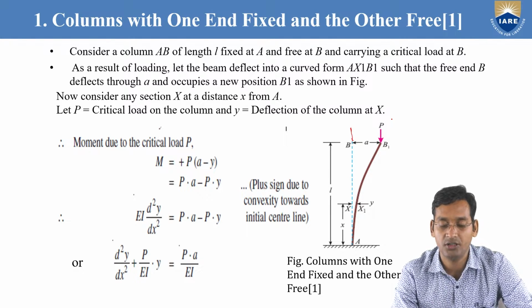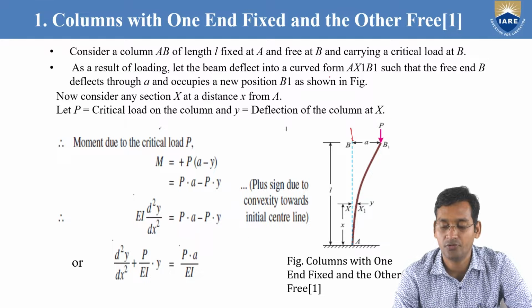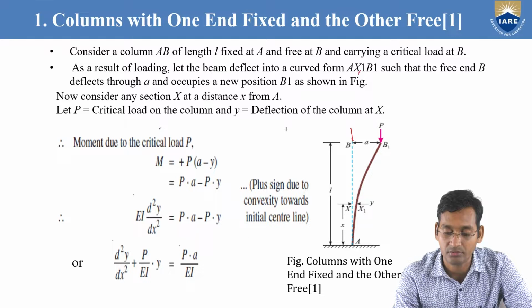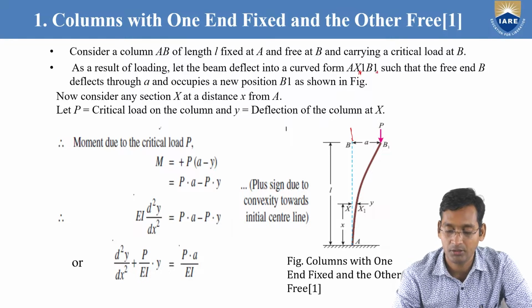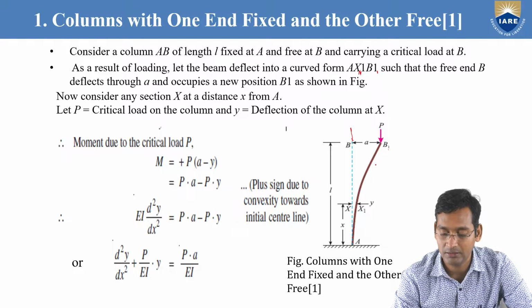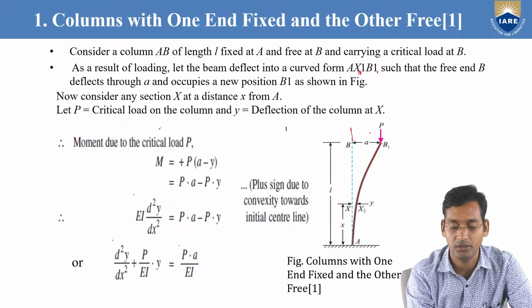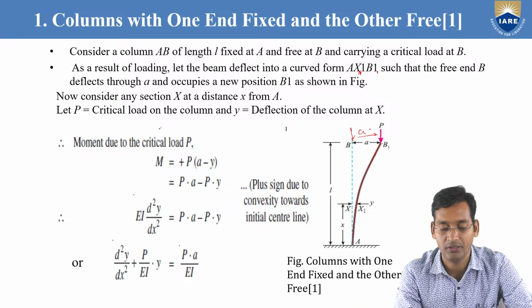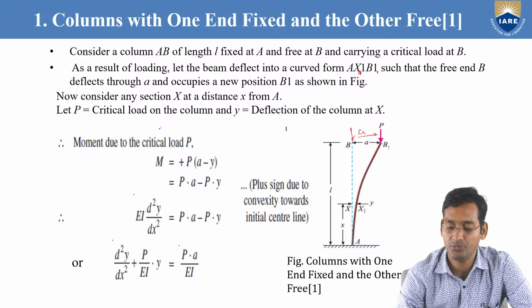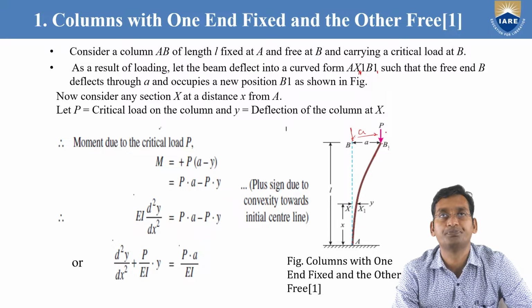As a result of loading, let the beam deflect into a curve AX1B1, such that the free end B deflects through a distance a and occupies a new position B1, as shown in the figure.